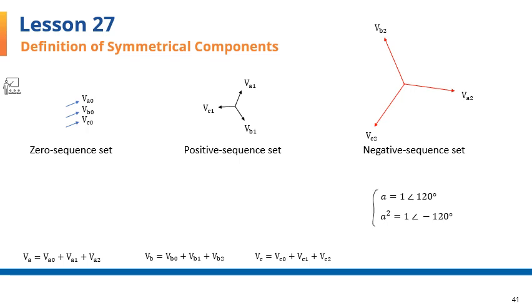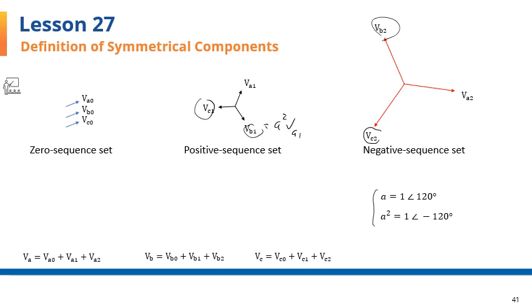What I'm going to do next is to use the A and A squared to replace these phasors, the B's and the C's, and express them in terms of the A components. So starting with VB1, you can see that VB1 lags VA1 by 120. So I can rewrite it as A squared VA1.